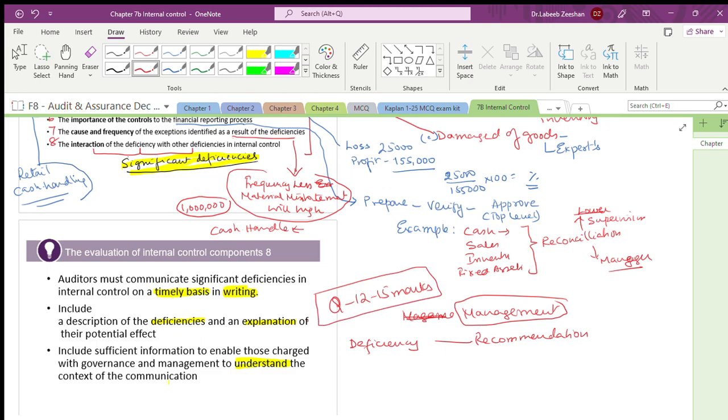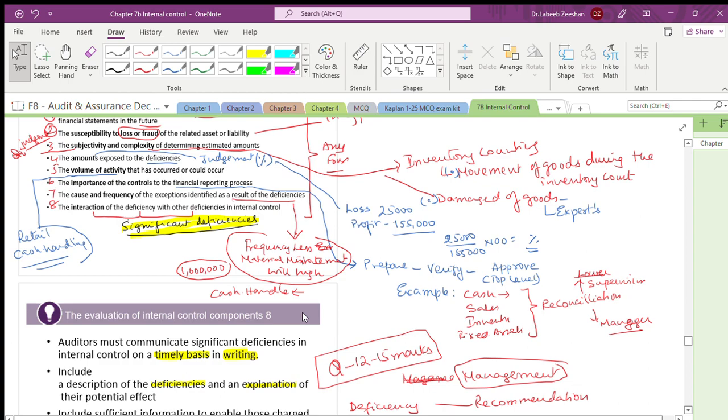Master? Yes. Can you please repeat the fifth point? No, six. Number four and five. The amount exposed in deficiencies. What is the amount that has been exposed?